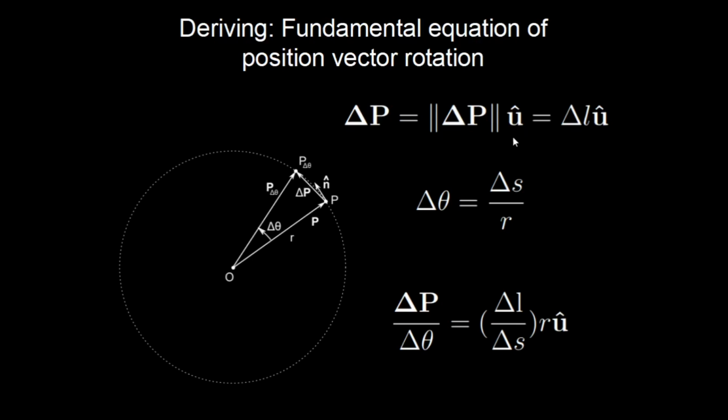Delta S is the length of the arc corresponding to the angle change delta theta, and delta L is the length of the chord of the arc. Delta L is also the length or magnitude of the vector change delta bold P. Taking the ratio of these two equations results in this equation.